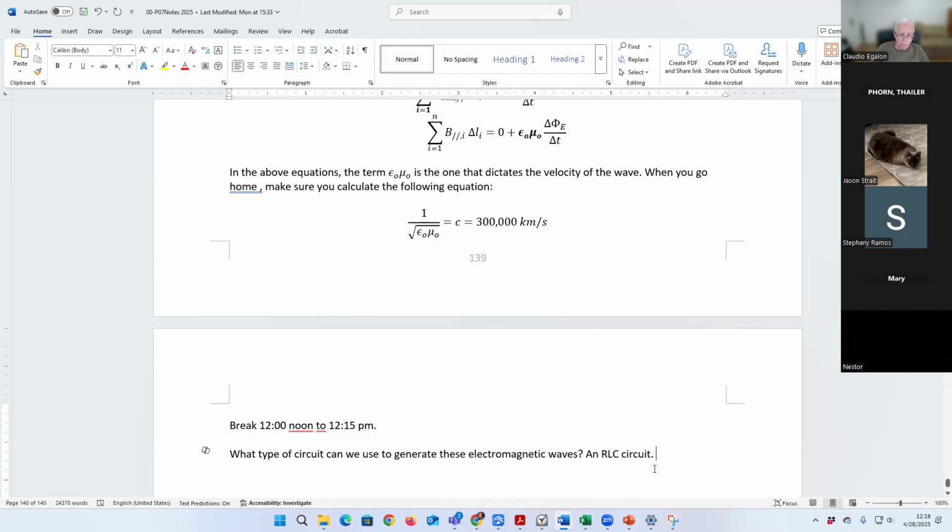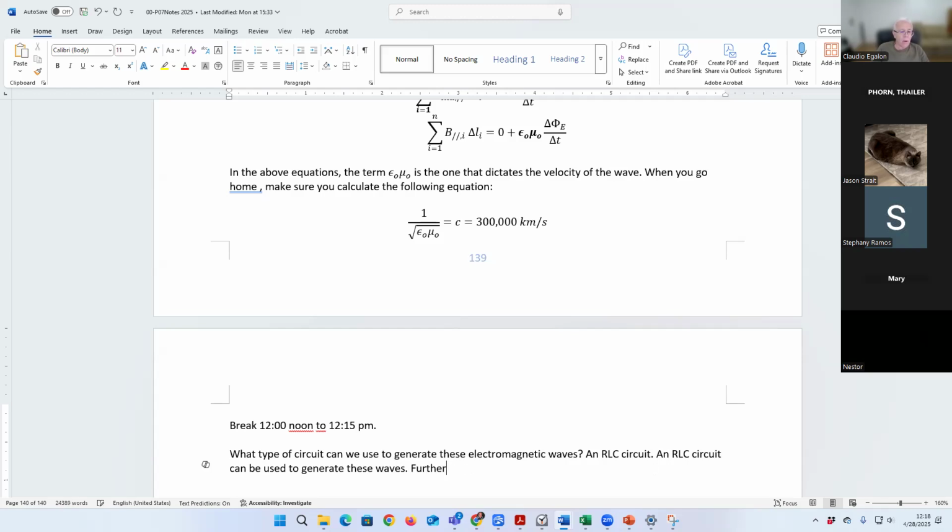Okay. An RLC circuit can be used to generate these waves.